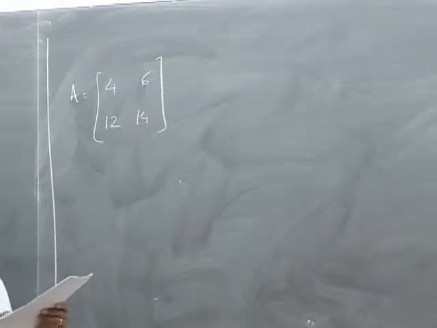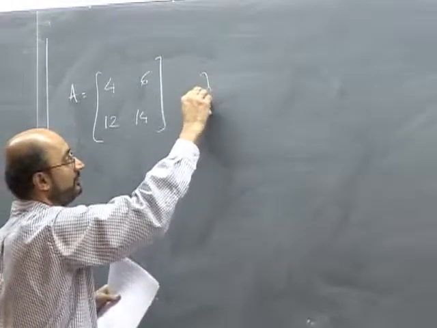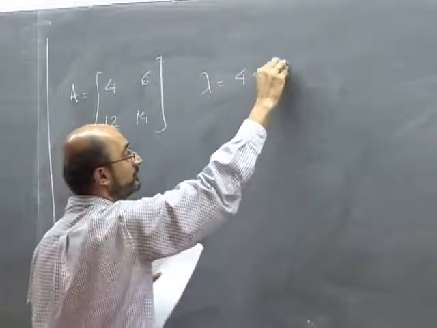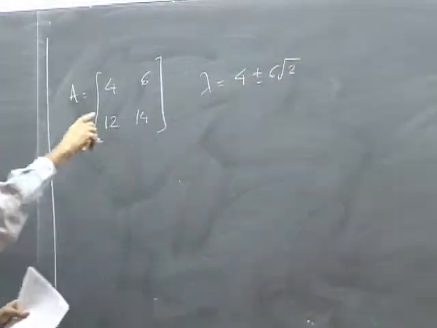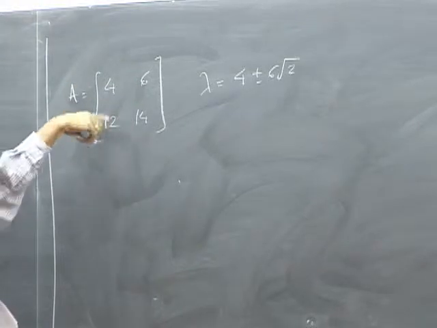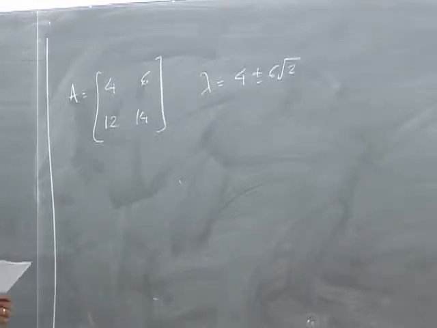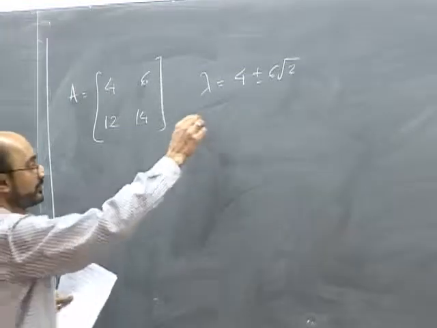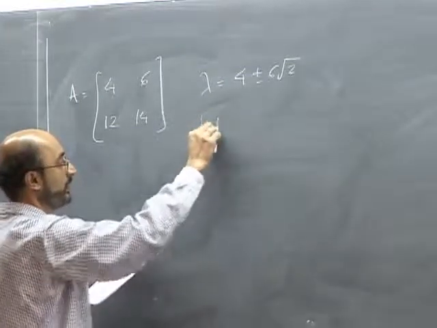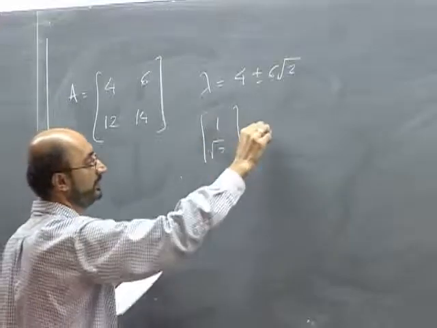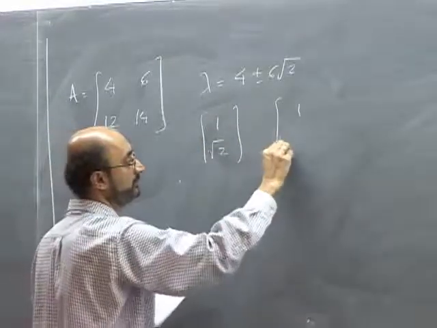In the book it goes through this, but we can find that the two eigenvalues are lambda equals 4 plus minus 6 root 2, and you get this simply by taking the determinant and setting it to 0. It's a polynomial of degree 2, so it has two eigenvalues, and those are exactly 4 plus minus 6 root 2. And the corresponding eigenvectors are 1, square root 2 and 1, minus square root 2.